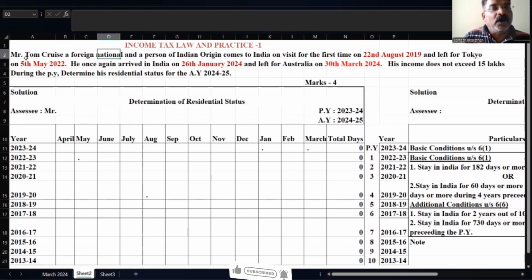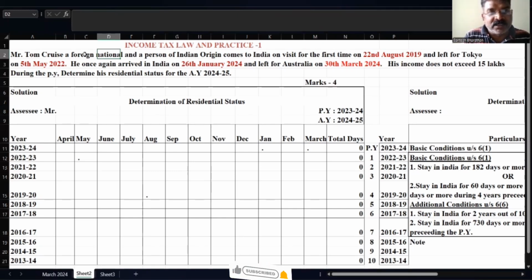Okay, Mr. Tom Cruise, a foreign national, and a person of Indian origin. See here, we have to observe in this problem: Tom Cruise is a foreign national. What do we mean by a foreign national? A foreign national means he has lived for several years in that country, or he may be a citizen of that country.